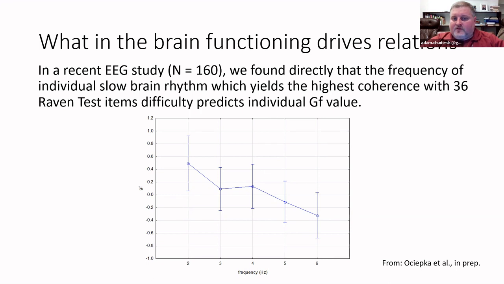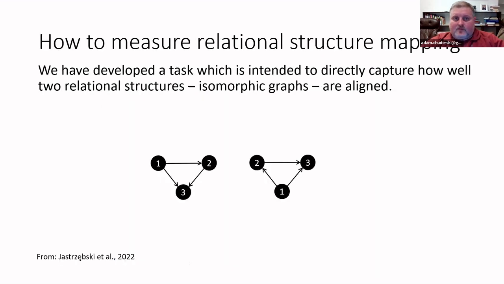And people in this group, it was 160 people, so not bad. And people whose brains solved the Raven test at 6 Hz scored around 0.3 standard deviation below the average score.